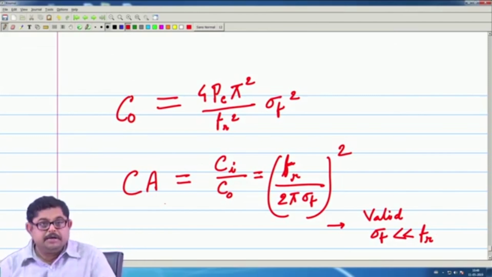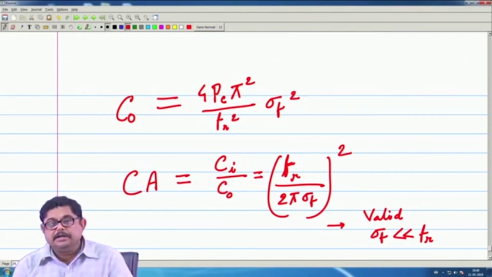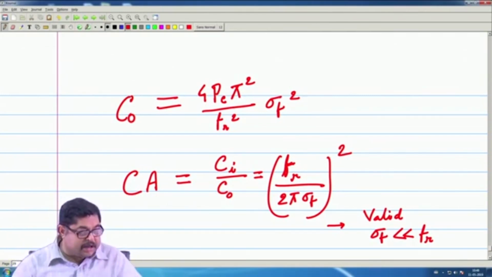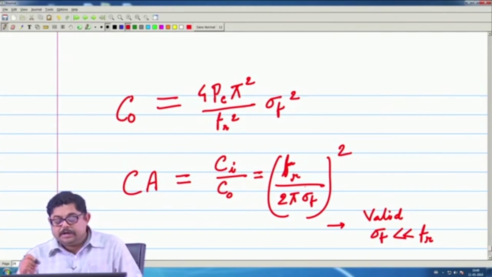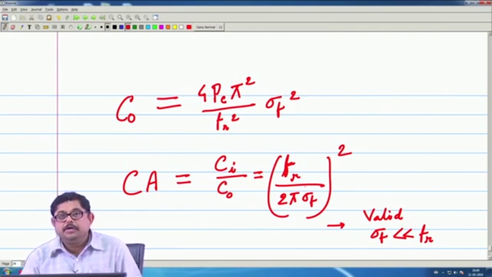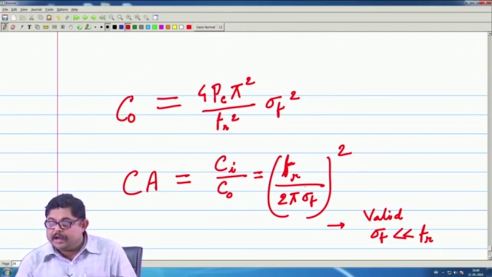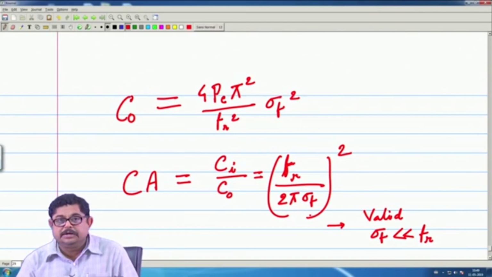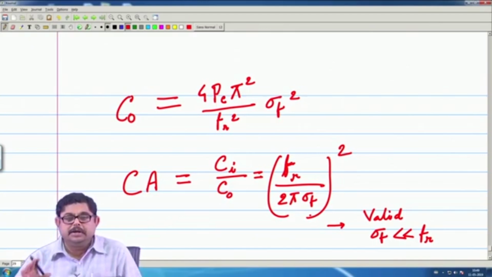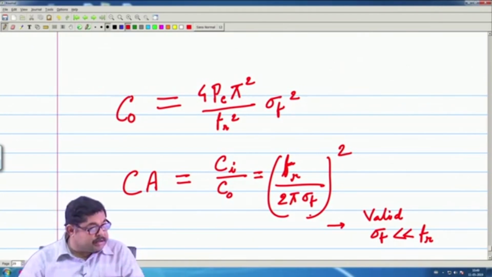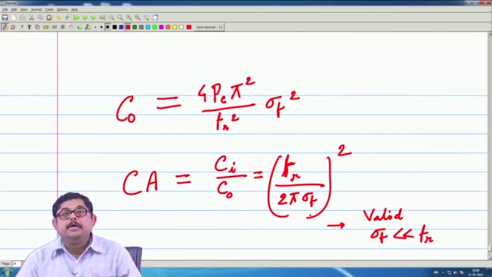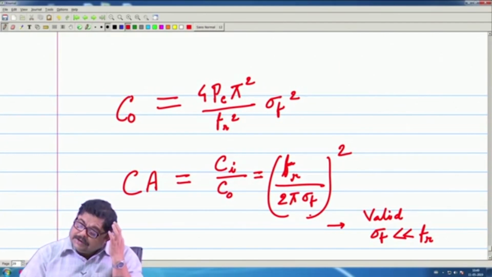So, you see that for a single DLC, this is the expression for clutter attenuation. It is proportional to fr square, the PRF square, and since sigma f is very small, you have a good number. So, a lot of clutter gets attenuated.